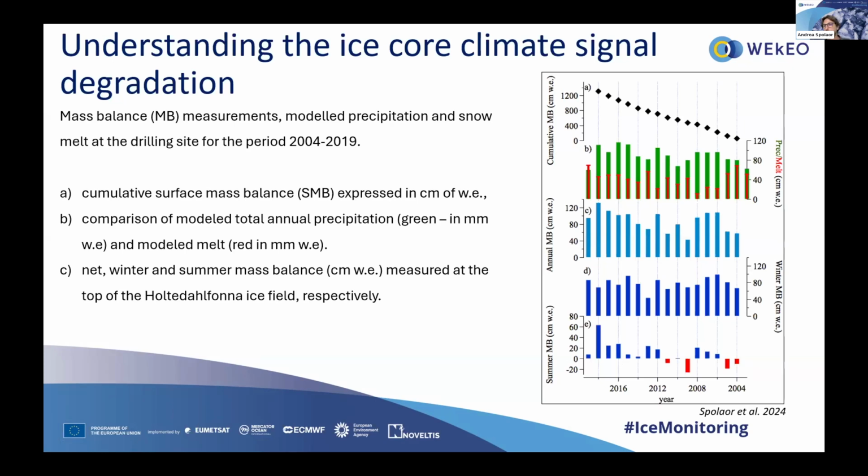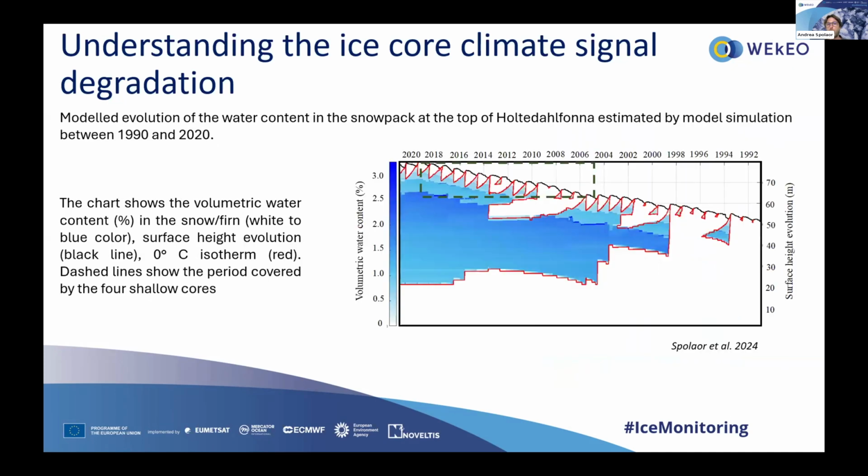However, this is not a condition that helps us, because when we speak about increasing mass, we have much more snow at the site, but at the same time we could have much more melting. Much more melting means much more water that can percolate into the snow and later into the firn and ice, and really wash out the climate signal preserved in the snow.